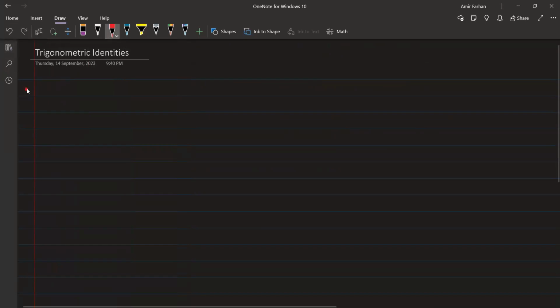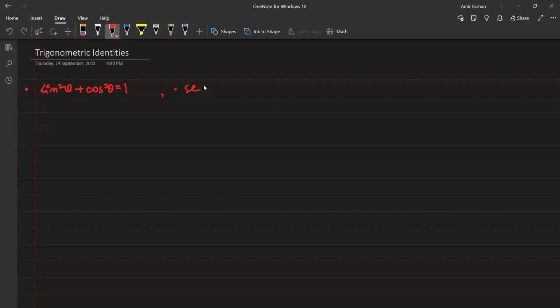start this topic. Adil, basically in this chapter we have three identities. In this 10th standard trigonometry, only three identities are used in the whole chapter. First one is sine square theta plus cos square theta equals 1.